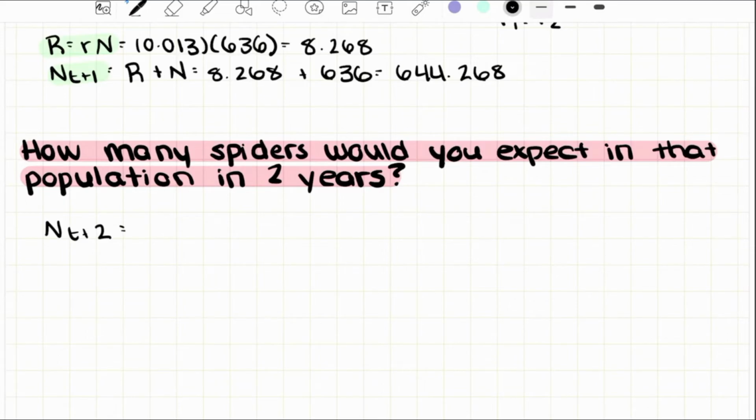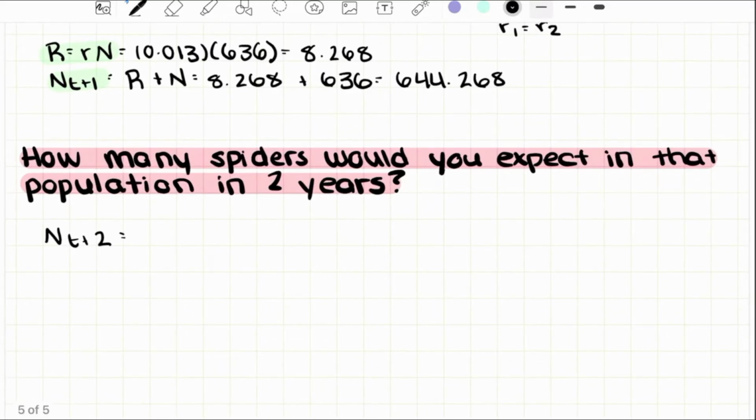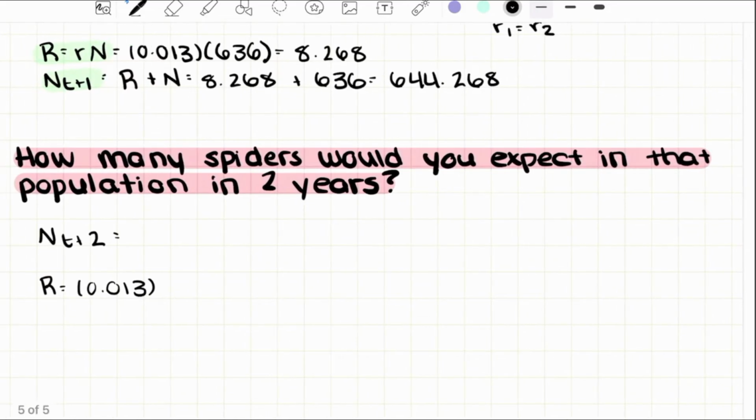So what we're going to have to do here is we're going to have to find R again. So R is equal to the per capita growth rate, the magic number 0.013, and you're going to multiply that by your new population size of 644.268.